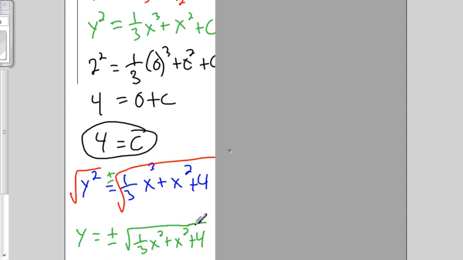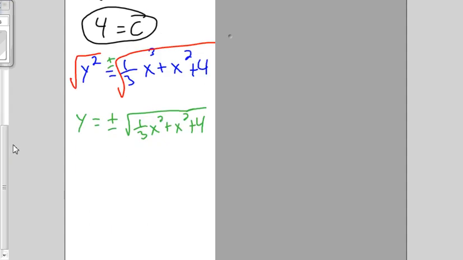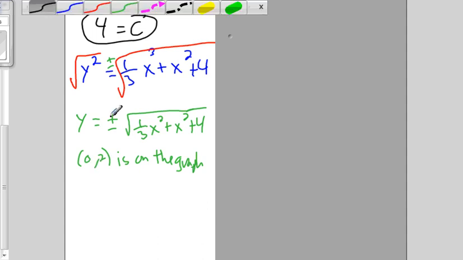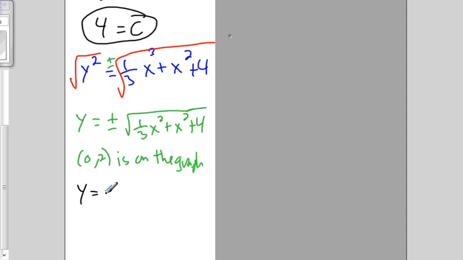But one of the things I have to pay attention to was that I was given that (0, 2) is on the graph. So let's check both of them. You don't have to write these out. You can just do them in your head. I've got to check the plus square root, and then I've got to check the minus square root.